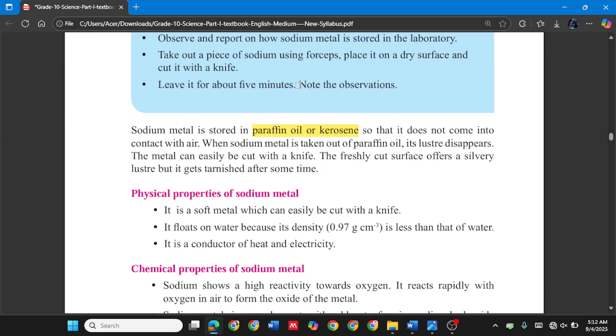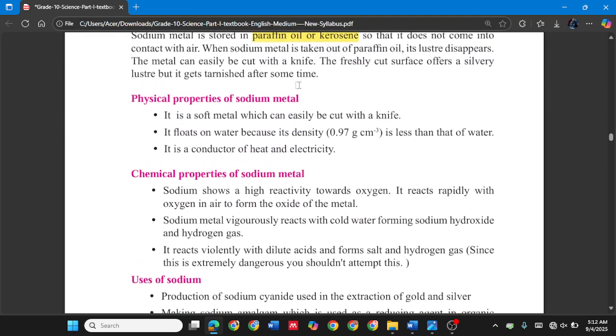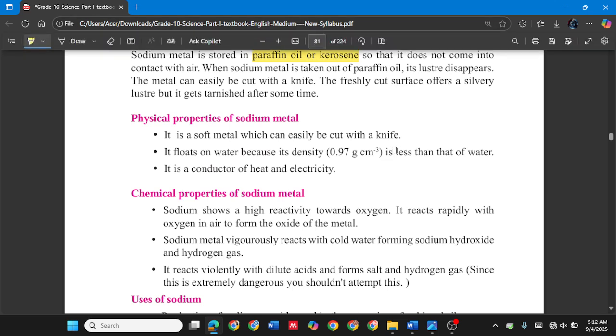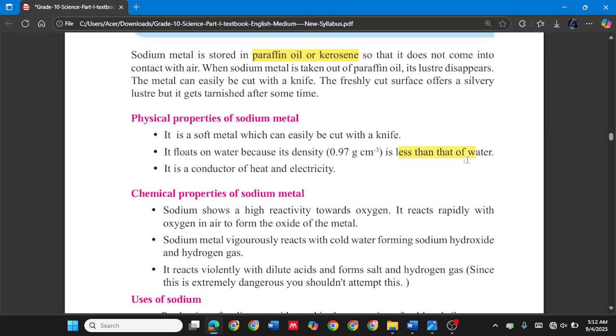Okay. Now we are going to learn about the physical properties of sodium metal. As you may remember from the common properties of metals, their density is somewhat high, but here sodium floats on water because its density is less than that of water.